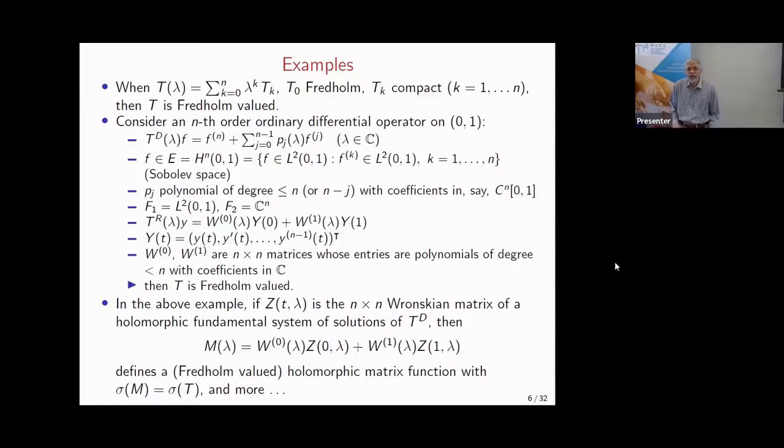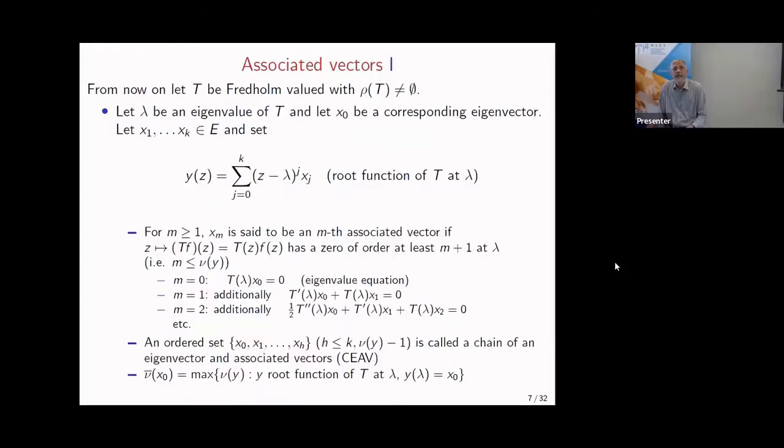For example, spectra coincide, eigenvalues and eigenvectors can be found from M or T and the other way around.